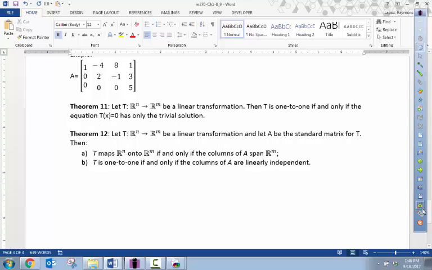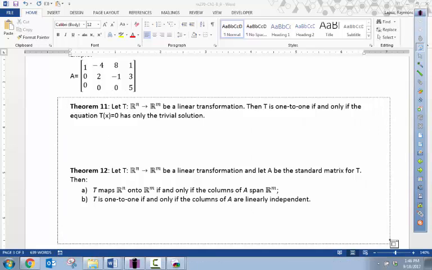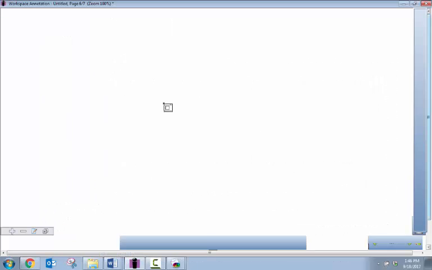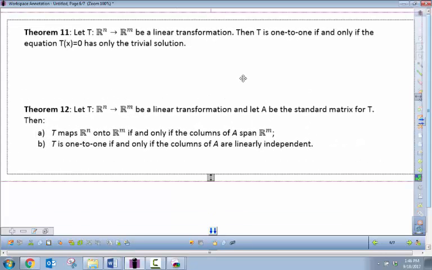I'll put it together into one page. And we're going general here now.